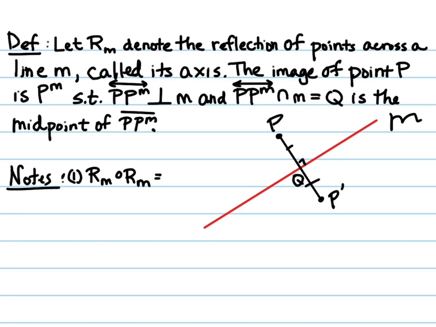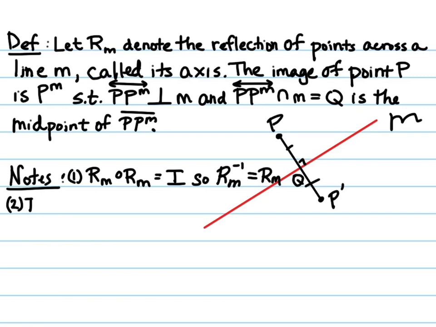You get back to the same point. So we get back to the original, which means that's the identity. So the inverse of Rm is itself. You betcha.